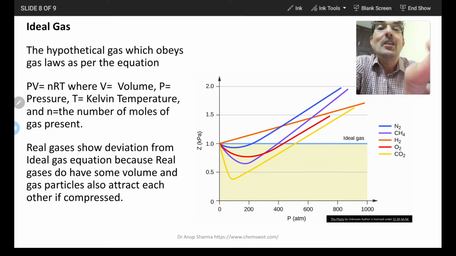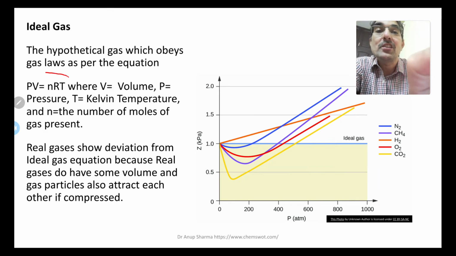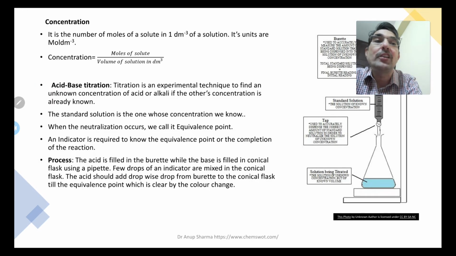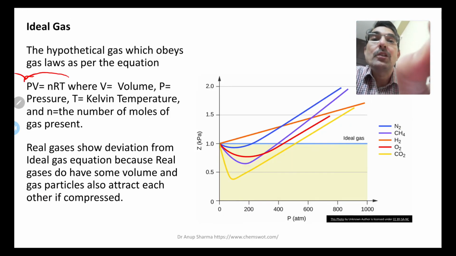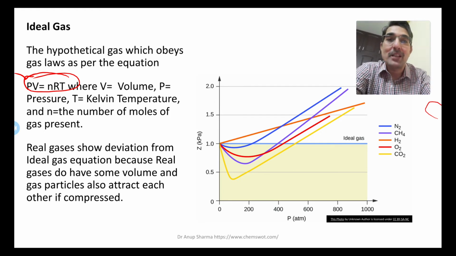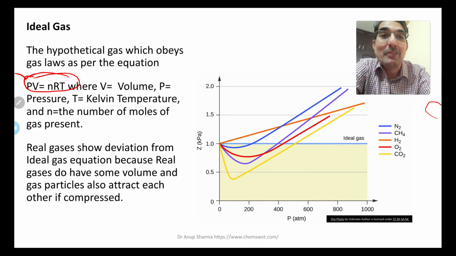Which equation? The ideal gas equation, which says PV equals nRT. So that is the ideal gas equation, where V is volume, P is pressure, T is Kelvin temperature, n is the number of moles of gas present.